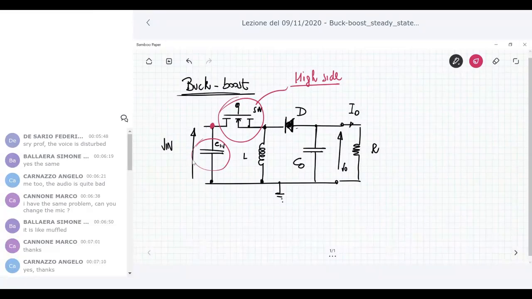A MOSFET at the input side also means that the current that flows through the switch is not a smooth current, it is a pulsed current. So again, the input filter is electrically stressed, because the current which flows here is a pulsed current.